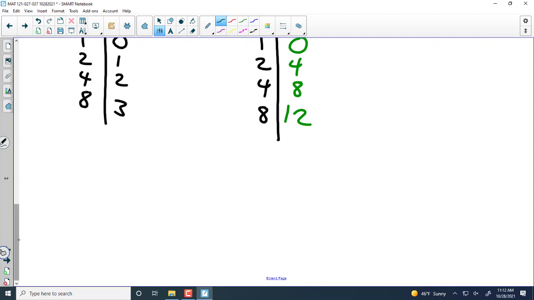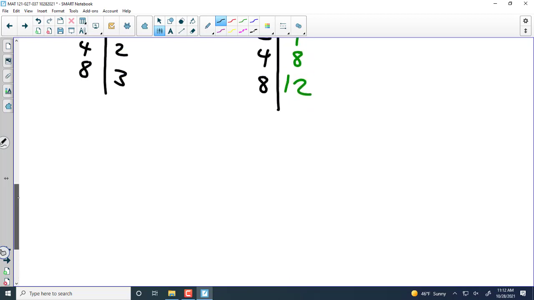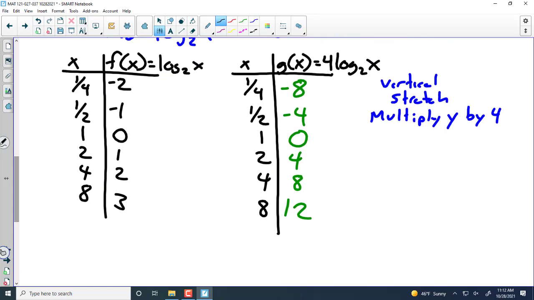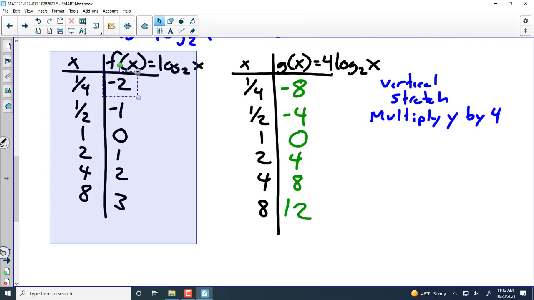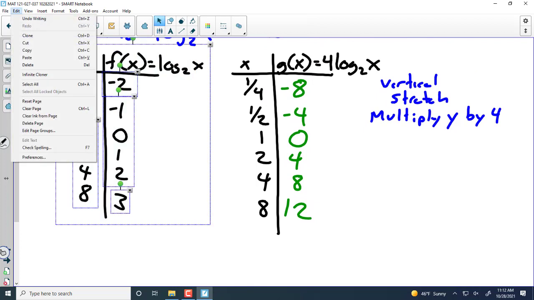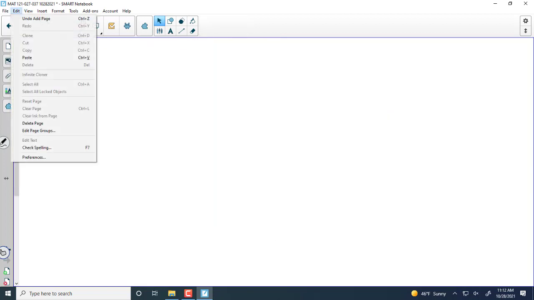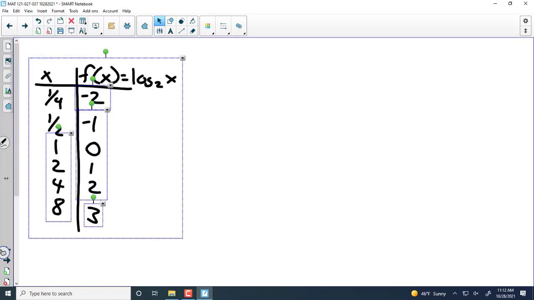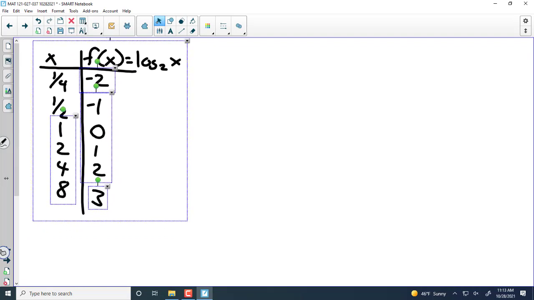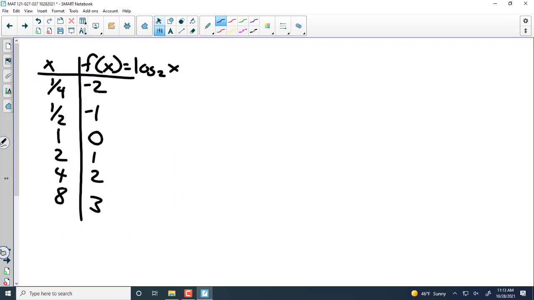How about this, everyone? I wonder if I can copy this and bring it down. Copy, I'll go to a new page. Edit, paste. Very cool. That'll save me a little bit of time.